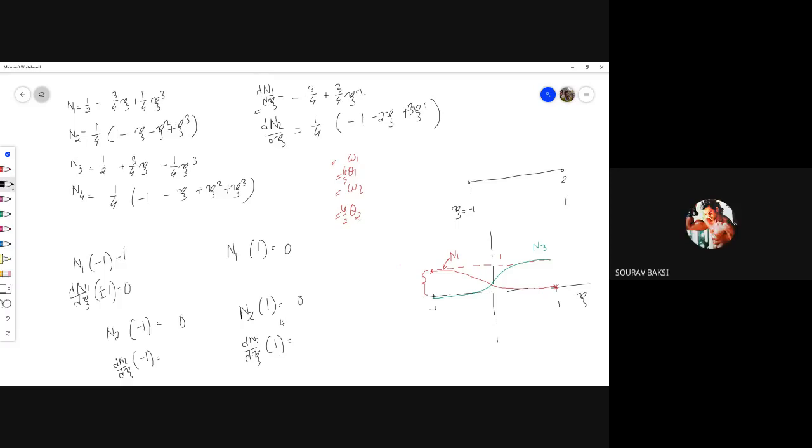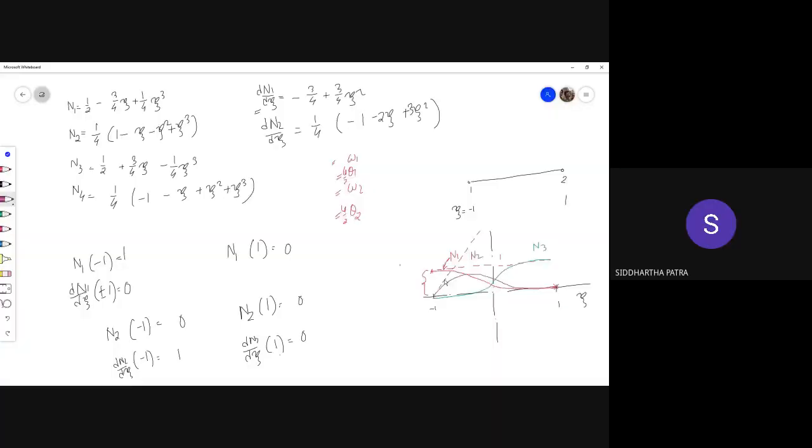Is it 0 at one, and 1 at -1? Yes sir. So this is 0, and this one is 1, which means the curve looks like this. The slope at the left end is 1, which means this angle is physically 45 degrees.